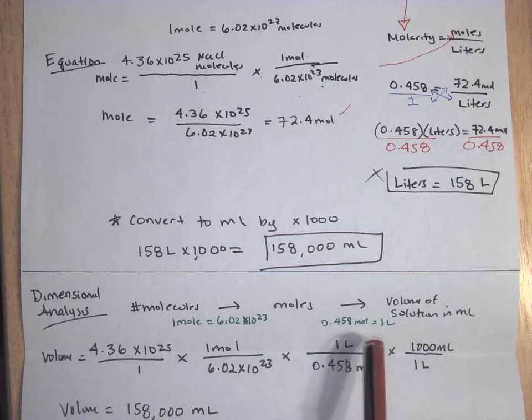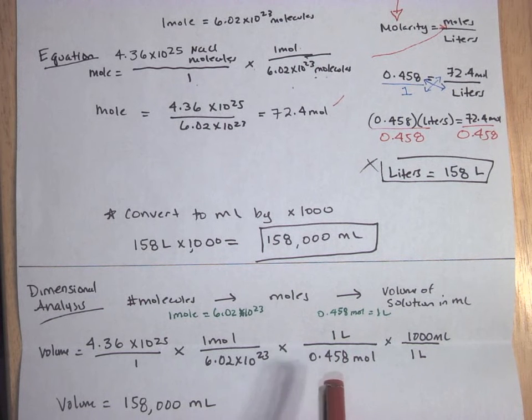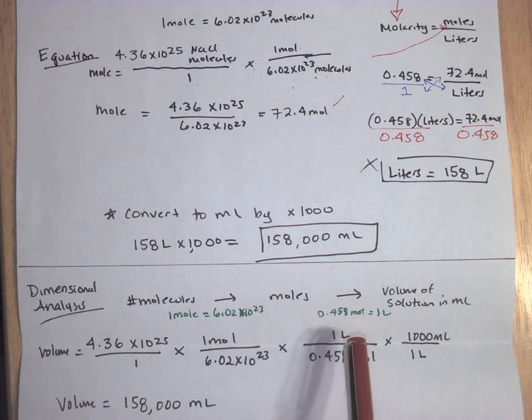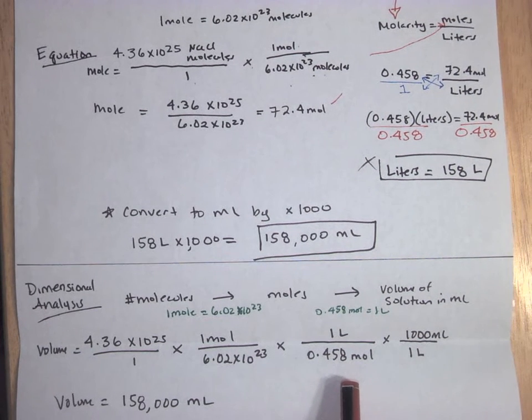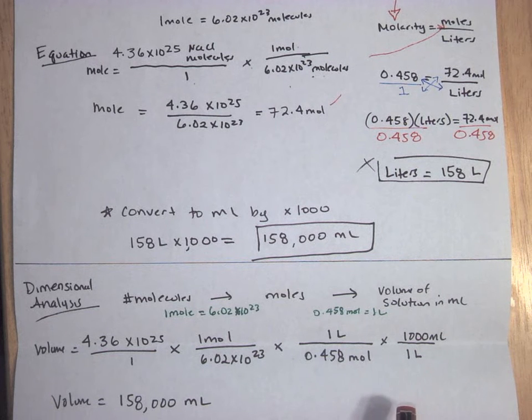And then now the last thing is for our molarity. Remember, molarity is a tricky one. So we don't need to use dimensional analysis for molarity, because when you're doing the flipped version of that, you have to consider that molar has the units of moles per liter. So the mole part of your molarity, the 0.458 moles, will be on the bottom, and then the 1 liter will be on top.